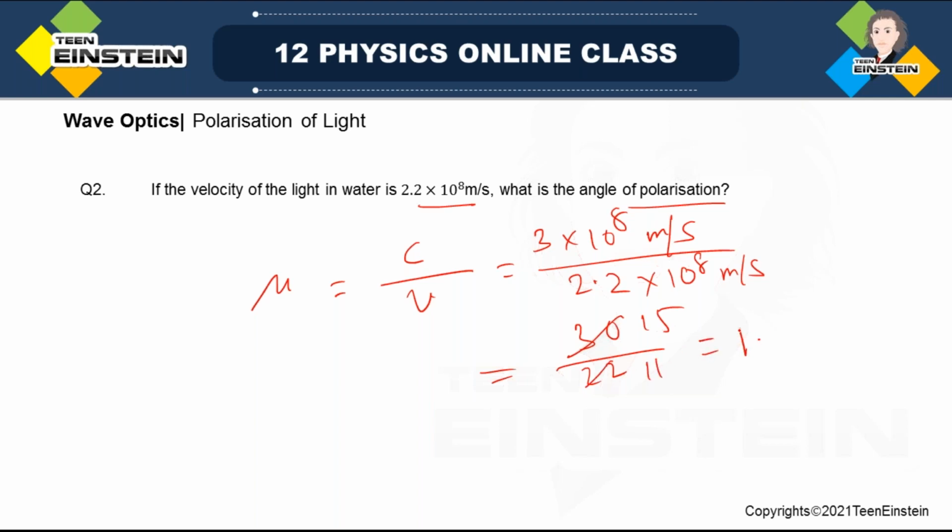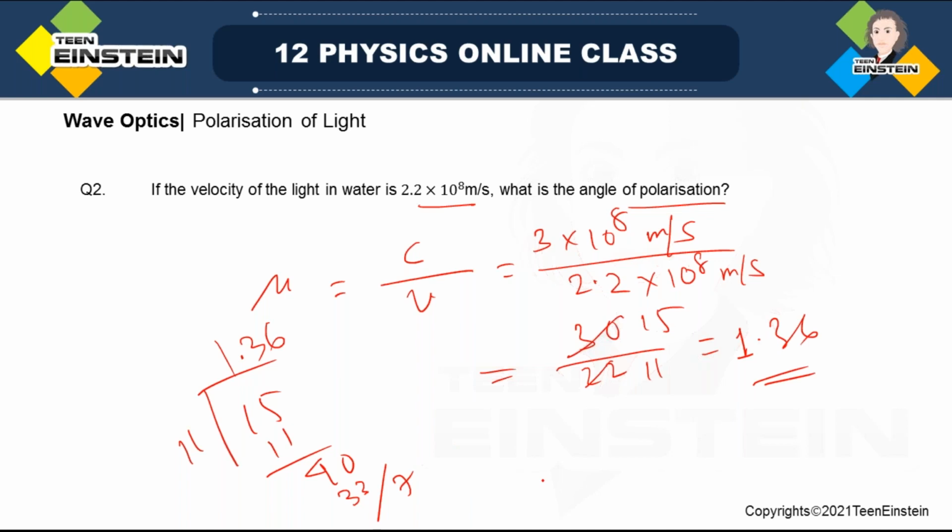Dividing this, it will be something like 1.36, if you go up to the second decimal. So this is the refractive index. This is how numerical problems will be asked in the exam from this part.